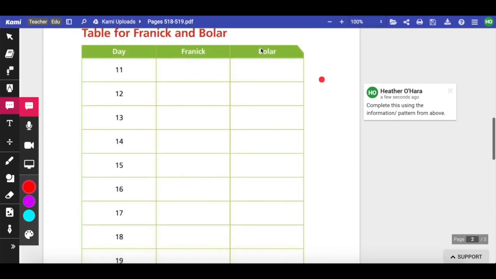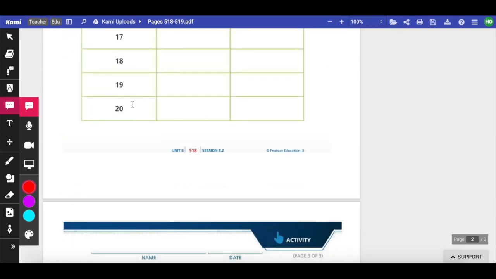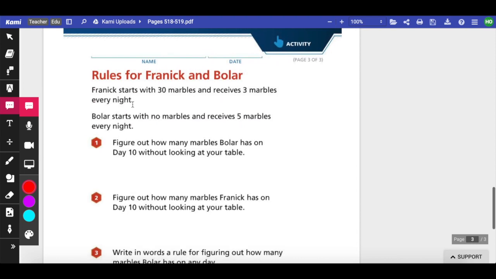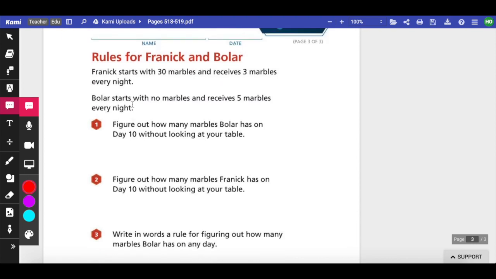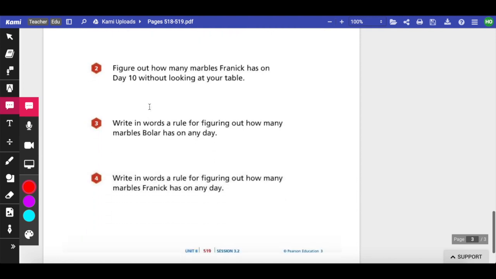So all you're doing is completing days 11 through 20 using the information that we already went over. And then on our third page, for page 519, you're comparing for the rules for Franek and Bolar. So you need to answer these questions and make sure you're showing your work or writing a rule of how you figured this out.